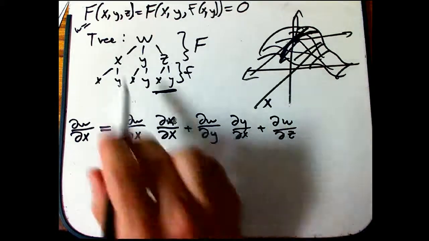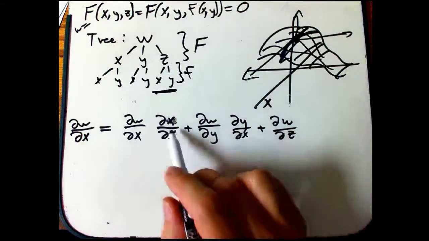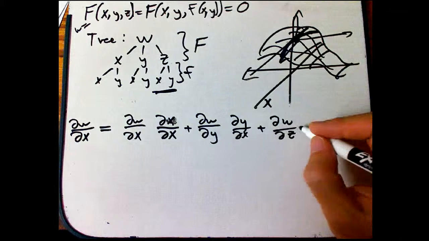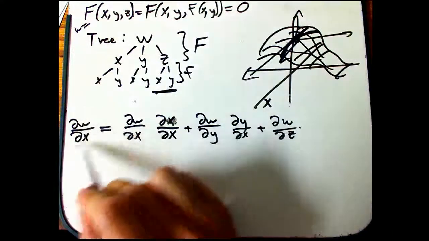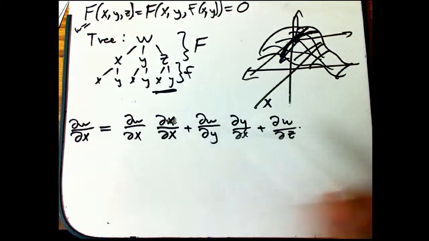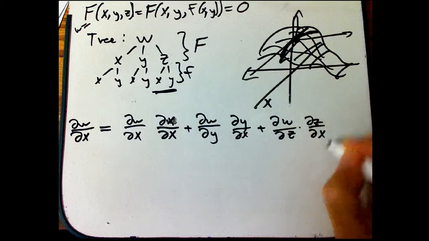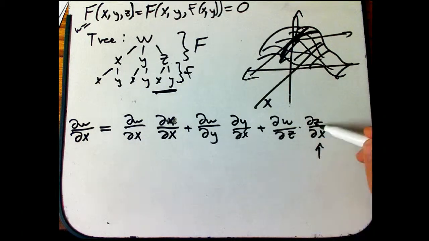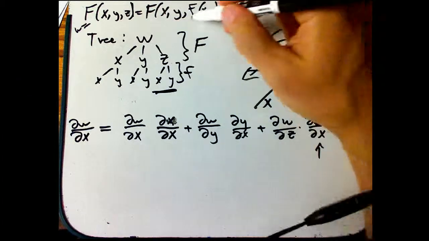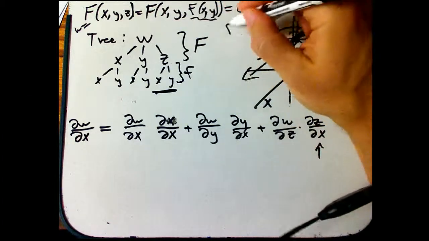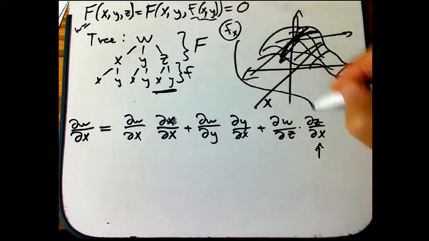Okay, so all the intermediate variables, x, y, and z, and then how they depend on x, because the idea was that we wanted to look at an x derivative. And we'll see right here, this, I claim, is the quantity we're really interested in. The original goal was to calculate partial z partial x for this function. It's really little f sub x that's going here.